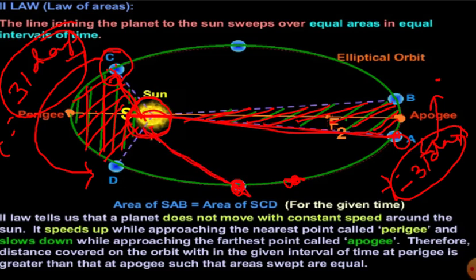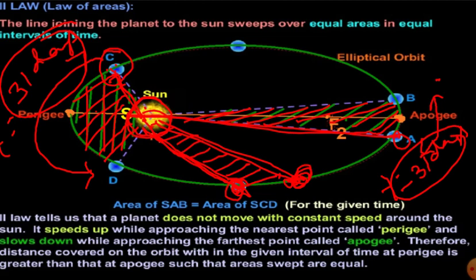So the area swept by this line joining the planet and the sun will be this area. Am I right? So this area will remain the same. It should be a little bit longer like this, so that it will have the same area. So this time will also be 31 days, right?